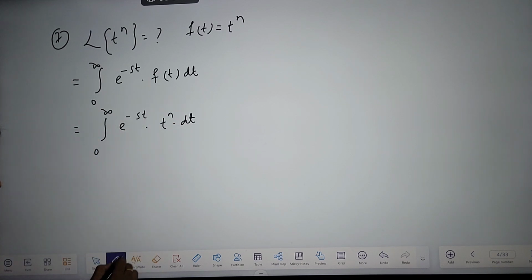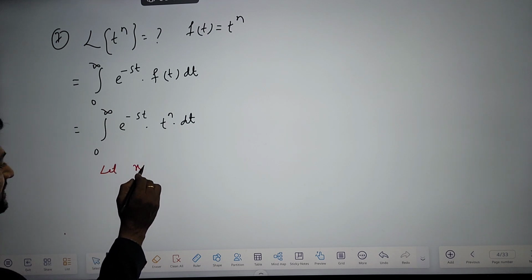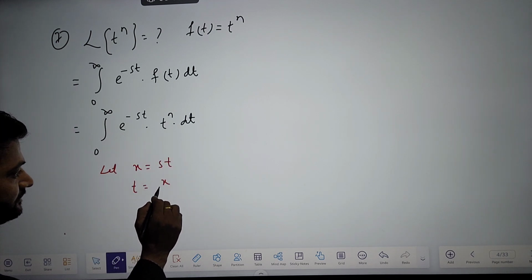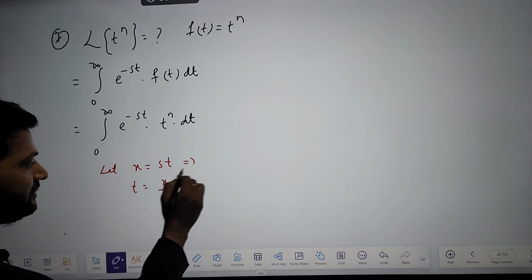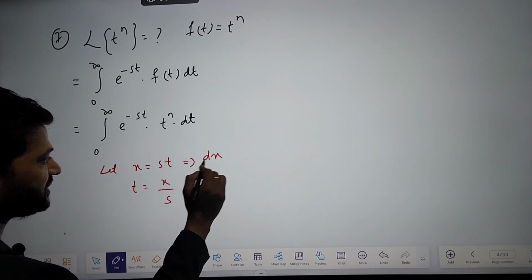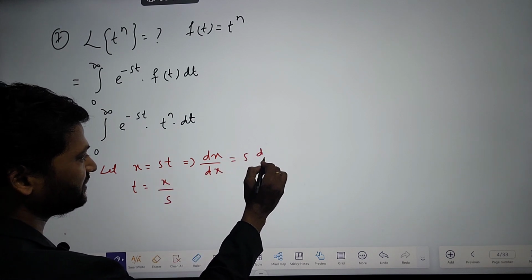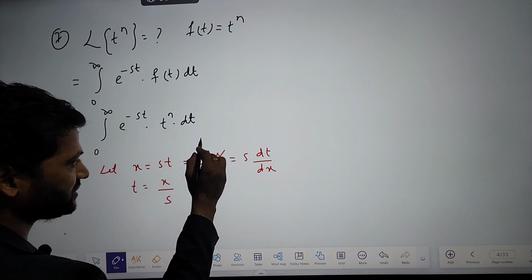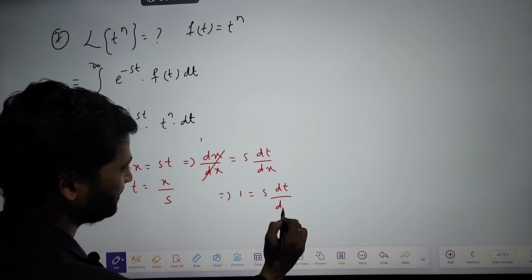So better we can do one thing. Let x is equal to st, then t क्या हो जाएगा? x by s. Done. And from here, if I differentiate LHS and RHS with respect to x, it will be 1 is equal to s into dt by dx.